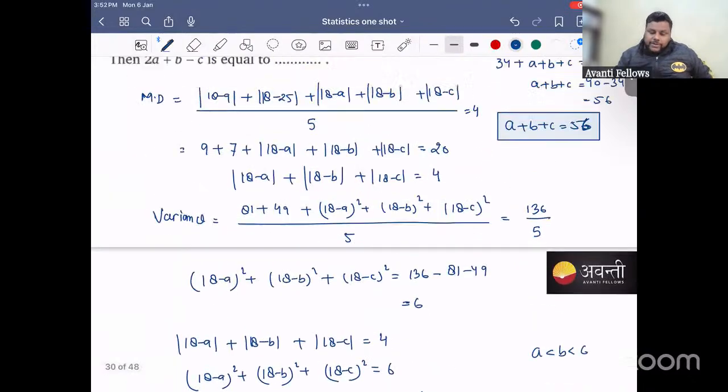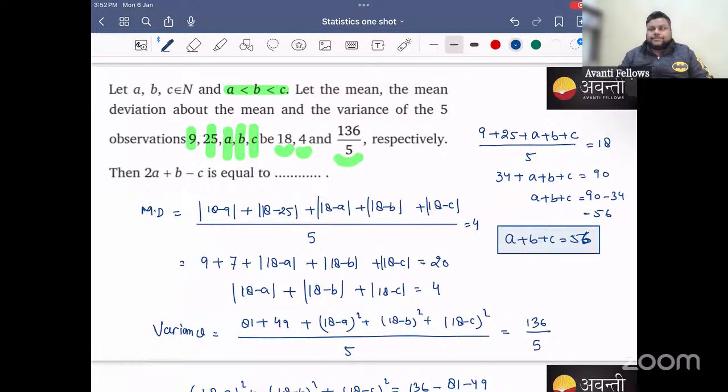Understood? Very good question. Have a look once.